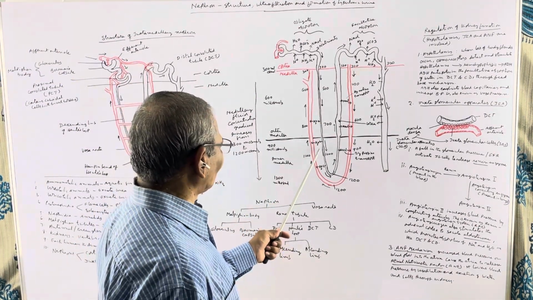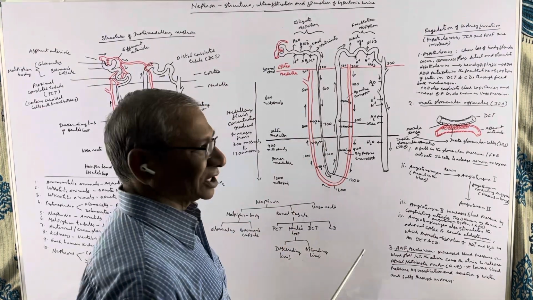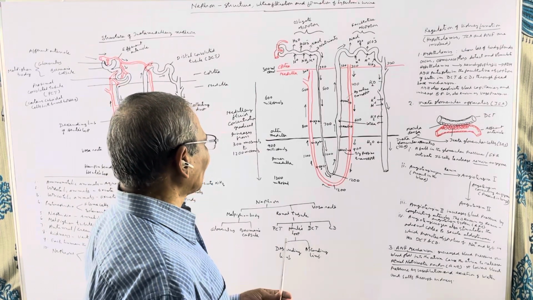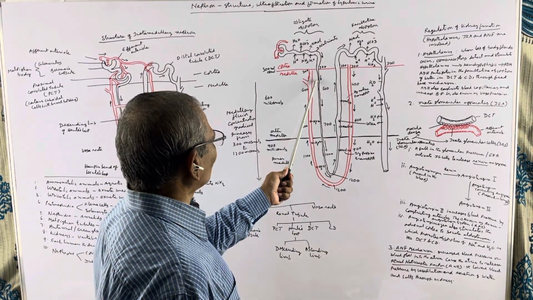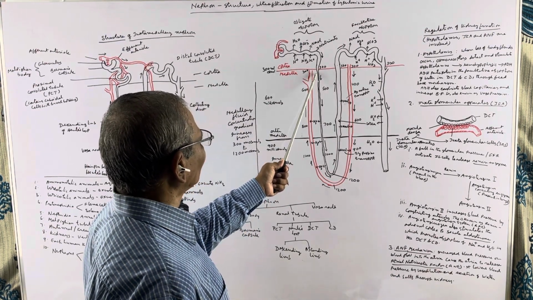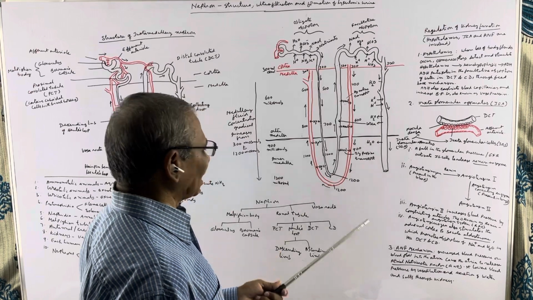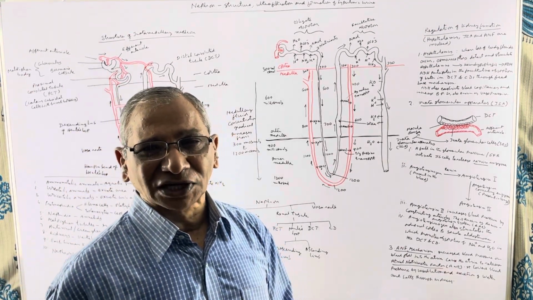Because the surrounding fluid has higher osmolarity, water escapes from the glomerular filtrate to the outside. As a result, by loss of water, the concentration of glomerular filtrate increases from 300 to 1200 milliosmoles by the time it reaches the hairpin bend of Henle's loop.